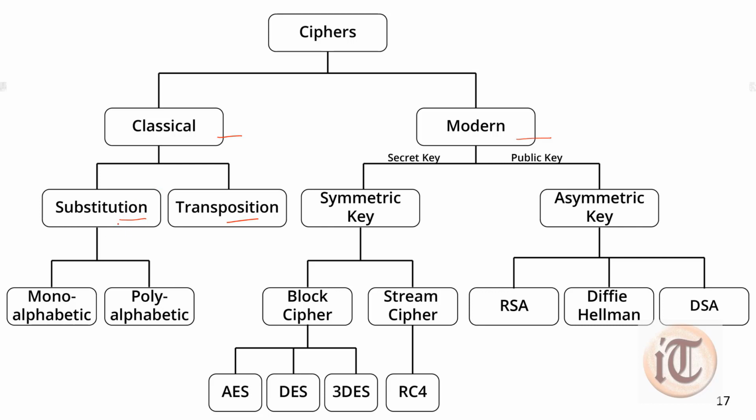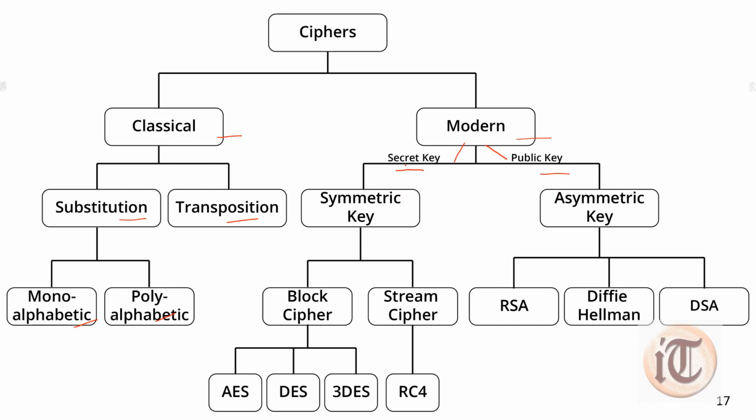The substitution technique is further categorized into monoalphabetic, polyalphabetic and many more techniques. Similarly, the modern technique is further categorized on the basis of whether we are using a secret key or a public key.